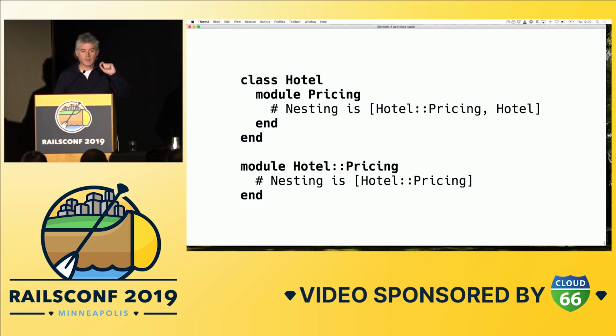When the resolution algorithms that we are going to see now look for the constants in the classes or modules, it's very important to understand that in the first case, the constant is going to be checked in Hotel::Pricing and also in Hotel. Whereas in the second case, it is not going to be checked in Hotel because Hotel does not belong to the nesting. This is very important to understand.